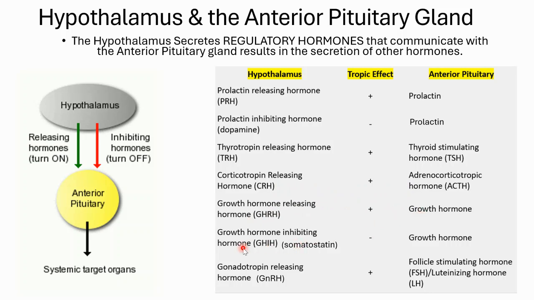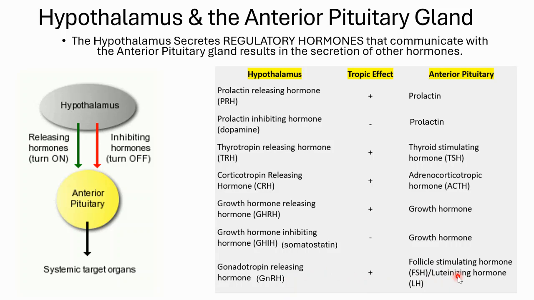Growth hormone inhibiting hormone, also known as somatostatin, will prevent the release of growth hormone from the anterior pituitary. Gonadotropin releasing hormone, look at that lowercase n right there. That's the only one that has it. And it will cause follicle stimulating hormone and luteinizing hormone, your gonadotropic hormones, to be released from the anterior pituitary.